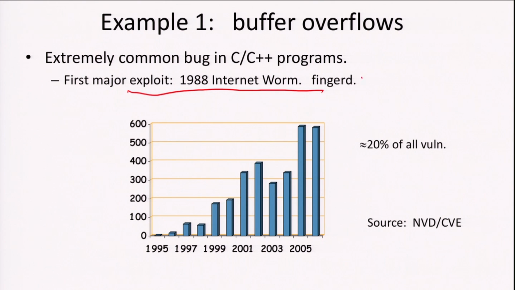This finger was a service running as what is called a finger daemon, and Morris discovered a buffer overflow in that and exploited it, and that was one of the first examples of an internet worm. Then most institutes and companies disabled the finger daemon. So nowadays in very few places will you be able to finger a user on the Unix system.